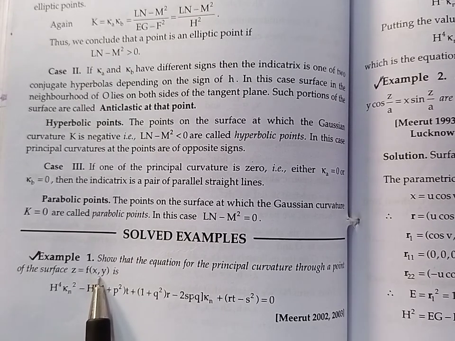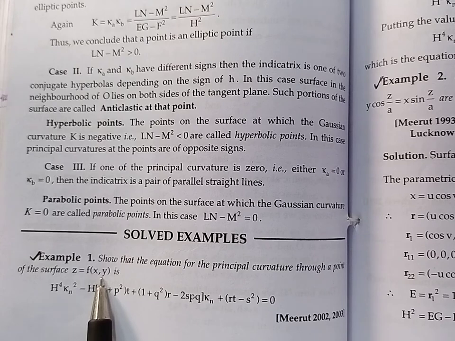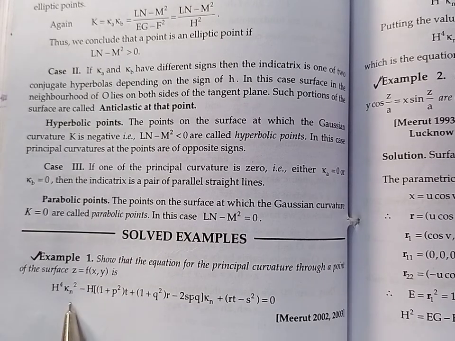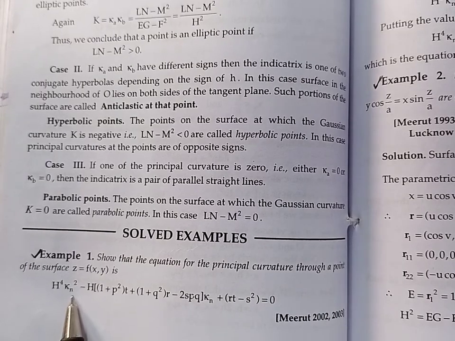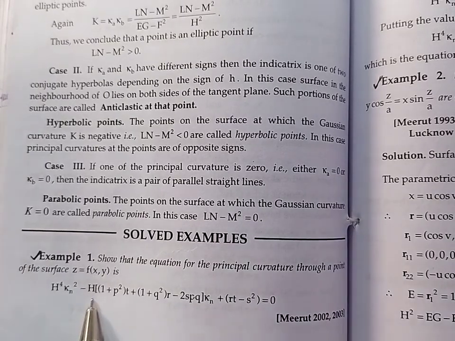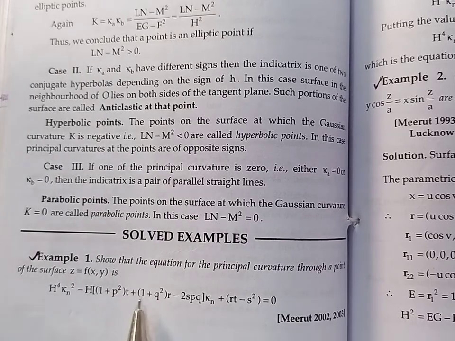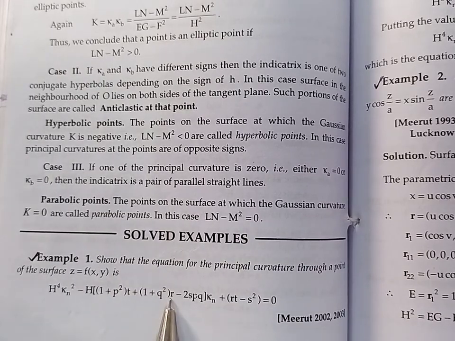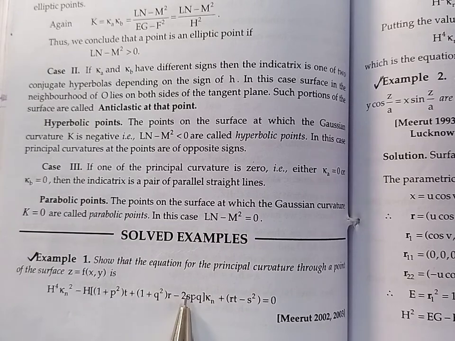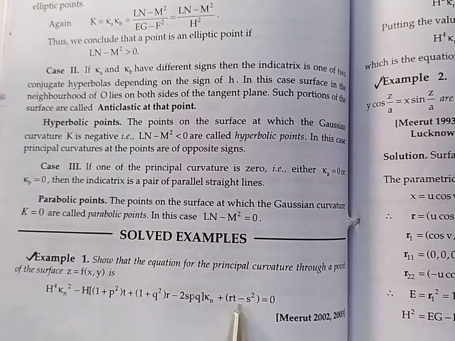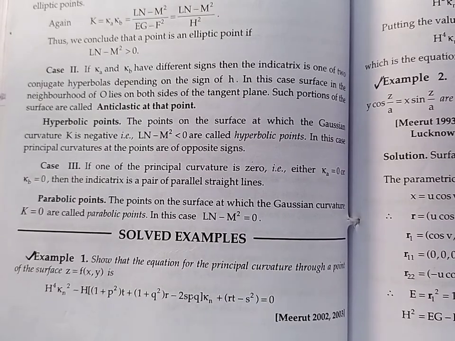We are to show that the equation for principal curvature is given by h^4 κn² − h[(1 + p²)t + (1 + q²)r − 2spq]κn + (rt − s²) = 0.